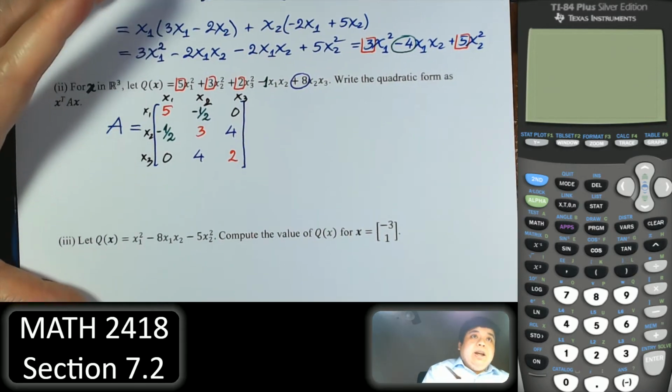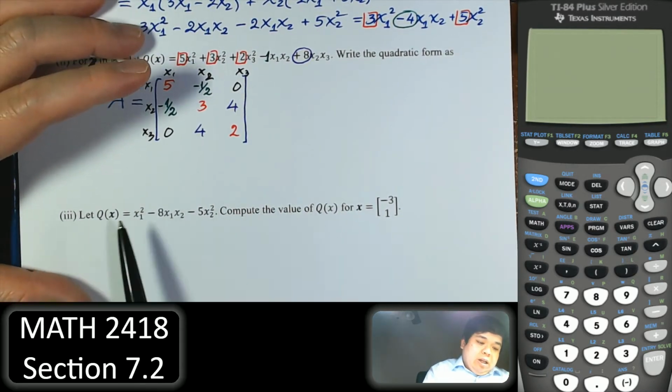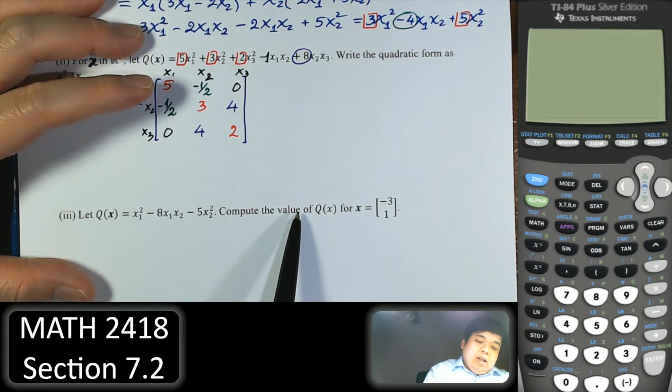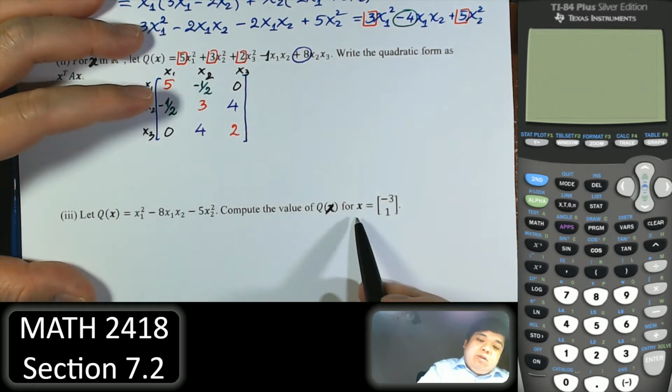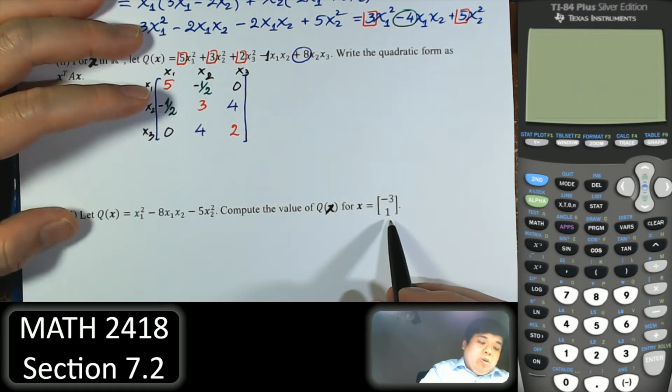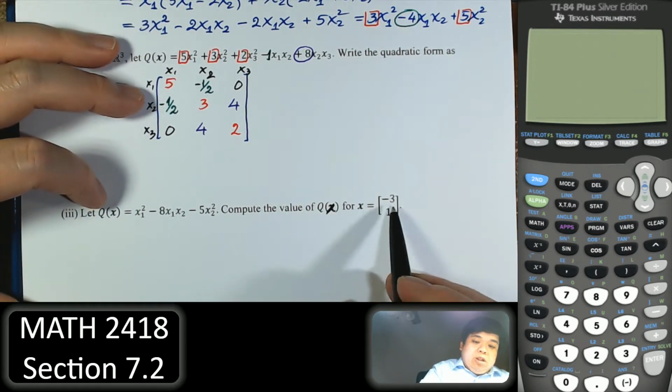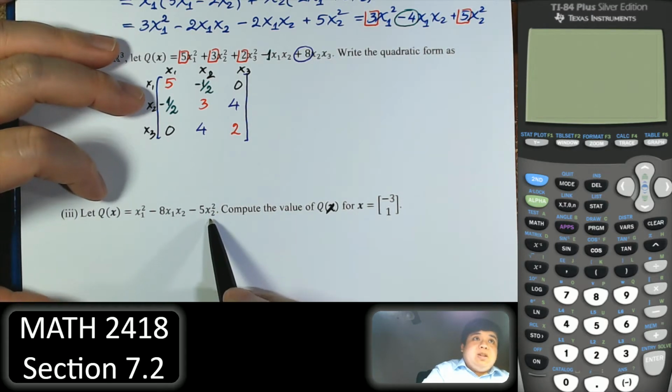Now let's compute the value of the quadratic form for x equal to the vector -3 and 1. So we're just going to put -3 and 1 in here.